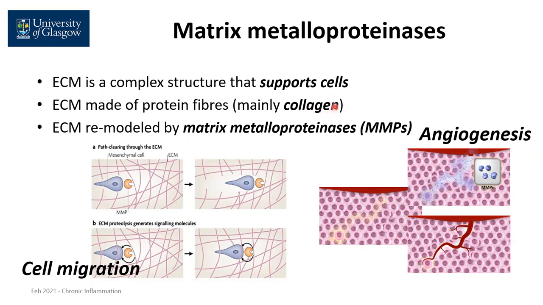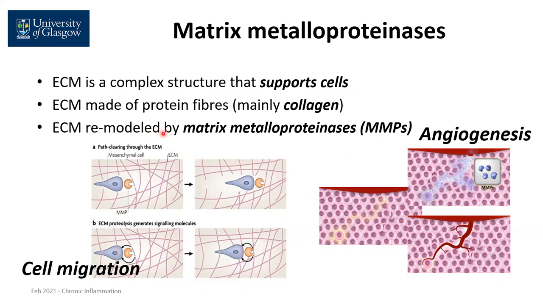It's produced by things like fibroblasts, which are found within the connective tissue. The primary function of the ECM is that it's a complex structure that supports the cells, and it basically supports the immune cells that are resident within the tissue underlying the epithelium.